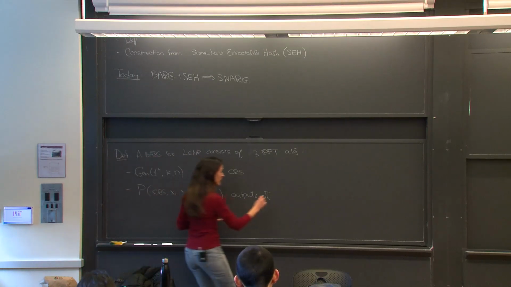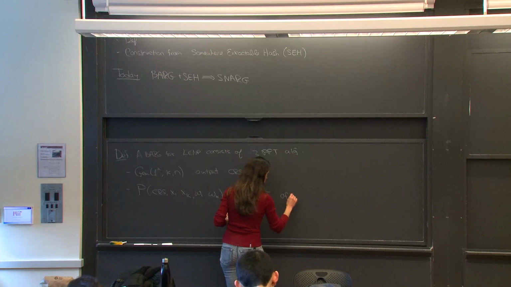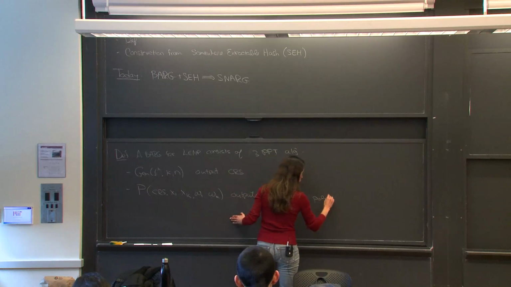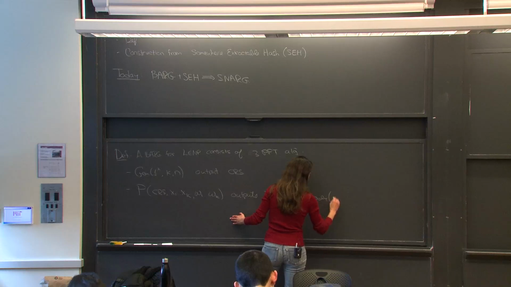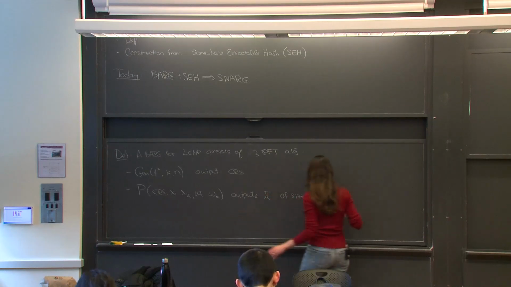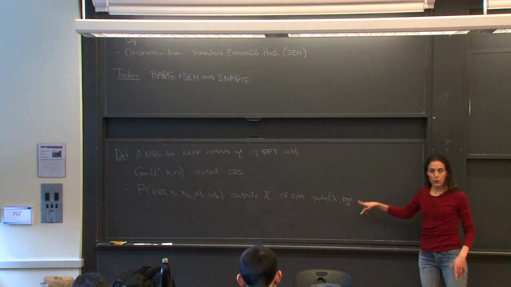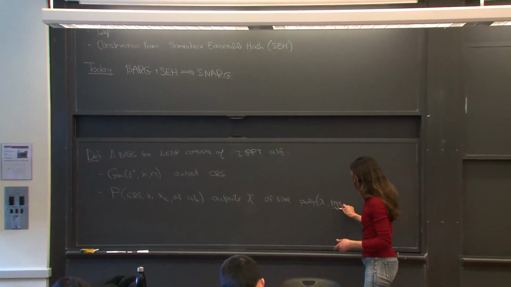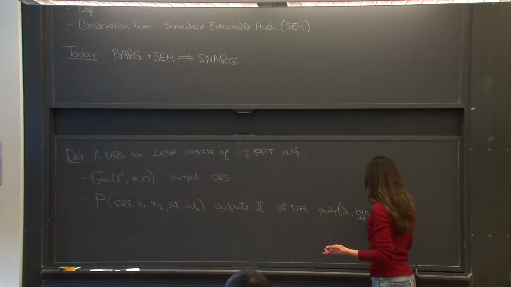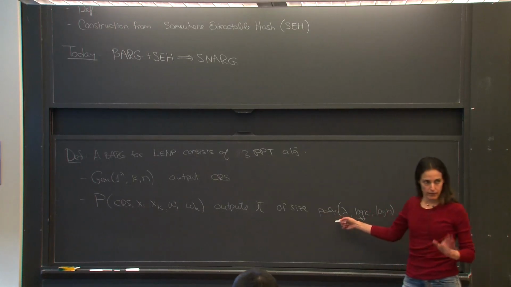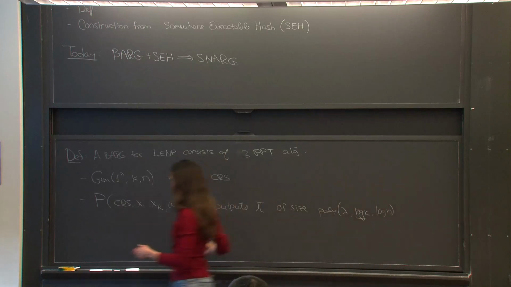So this pi is of size poly in the security parameter, but log k. That's important. We want it to depend only polylogarithmically on k. That's our goal. And then maybe ideally also log n. But the point is we want it to be succinct. Otherwise it's trivial, you just output the witnesses.